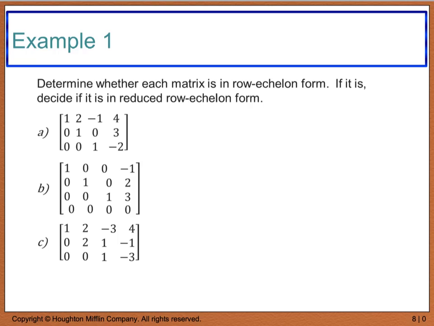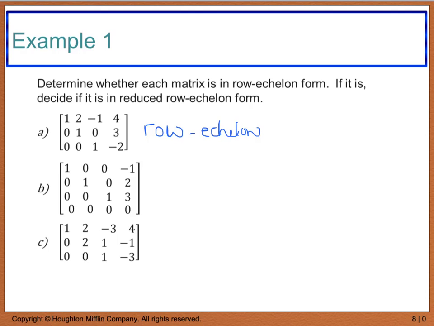Then if I go to my third row, I see that I go 0, 0, 1. So if I look above, I see that the leading 1 in the row above is farther to the left than this leading 1. So I would say that this matrix is in row echelon form.